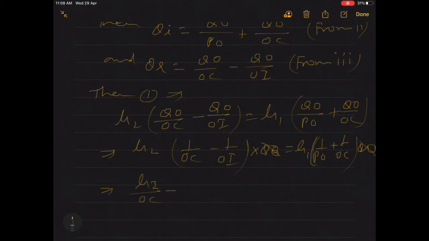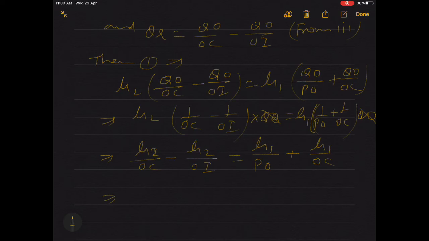Then what do we have? Mu2 upon OC minus mu2 upon OI is equal to mu1 upon PO plus mu1 upon OC. If we reshuffle the terms, then mu2 minus mu1 upon OC is equal to mu2 upon OI plus mu1 upon PO.